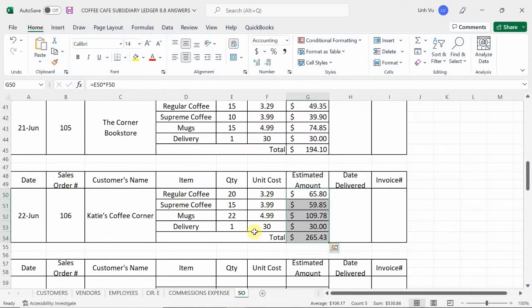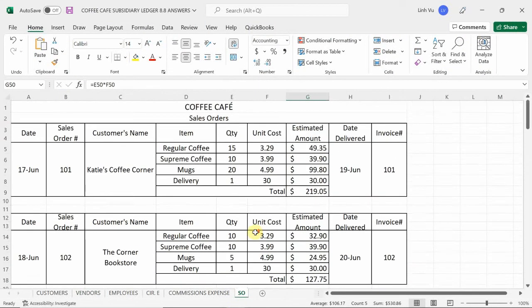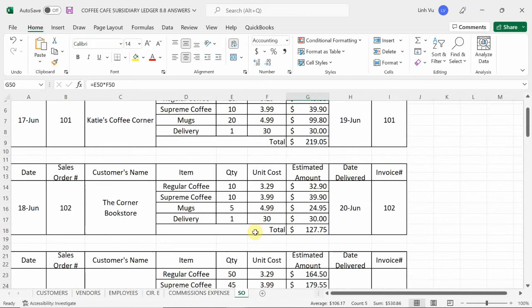So here, the corner bookstore. How much was each coffee mug? 4.99. And he's trying to return 4 of them, right? So wow, he only got one of them. So in this case, he's willing to accept a 50% discount.